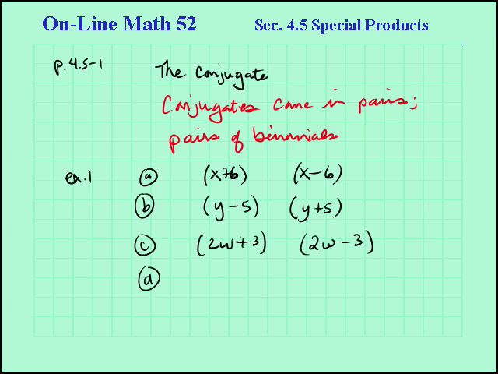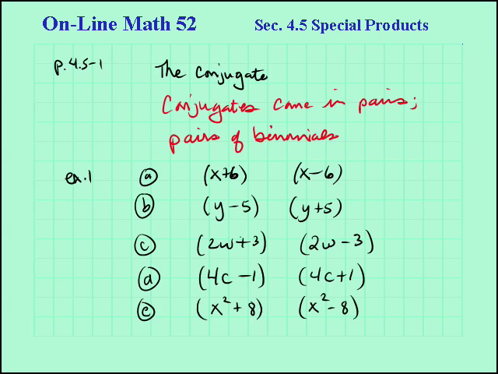Conjugate for D, you have 4c minus 1 and its conjugate. It's getting pretty simple now, isn't it? 4c plus 1. And even if the first term is squared, like x squared plus 8, the conjugate is, yep, x squared minus 8. Really simple. That's the idea of conjugates.